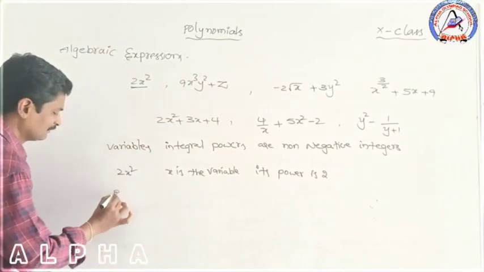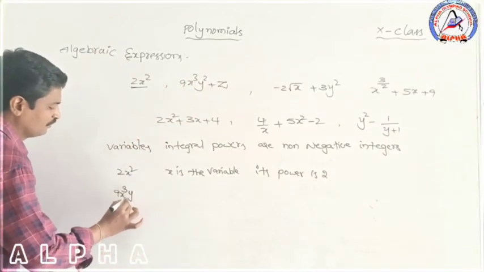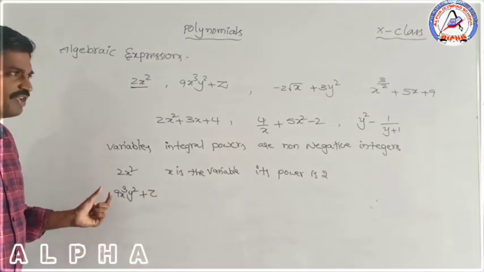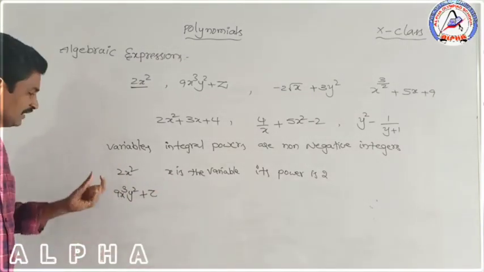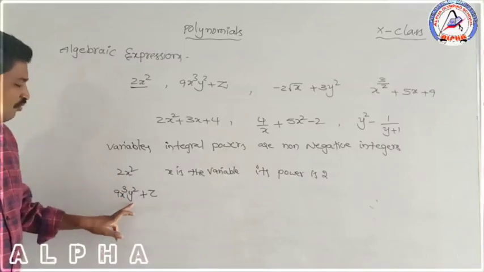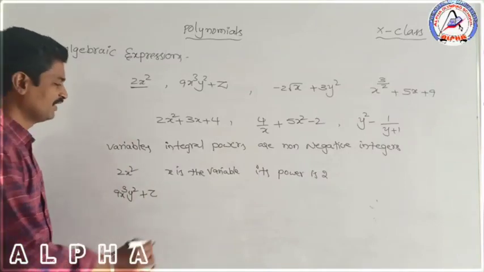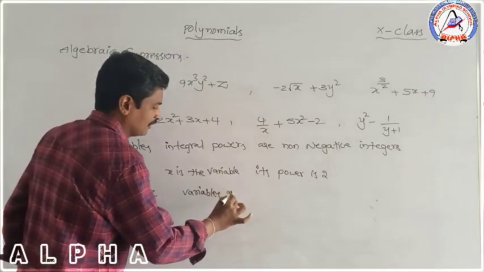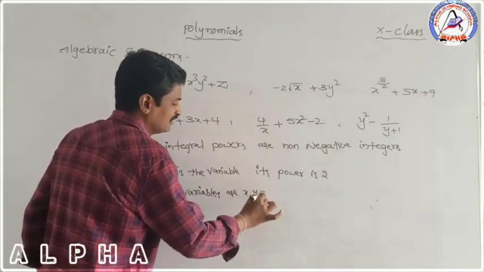And the second one, 9x cubed y squared plus z. Which variables are we seeing here? We are seeing x, y and also z. The variables are x, y, z.